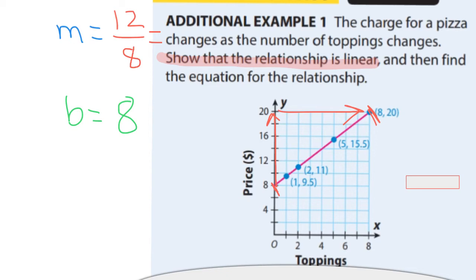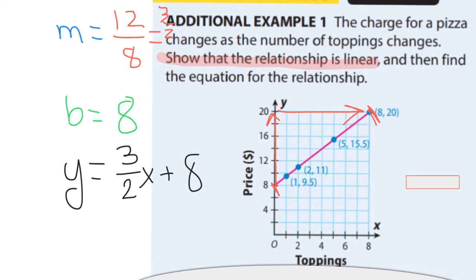And reducing that fraction, you divide both numerator and denominator by 4, and you get 3 halves. Sorry, I'm a little sloppy there. And then you jump in and go, here's my equation. Y equals 3 halves x plus 8. And since you got the equation correct, Grandma will give you all the cookies you want.